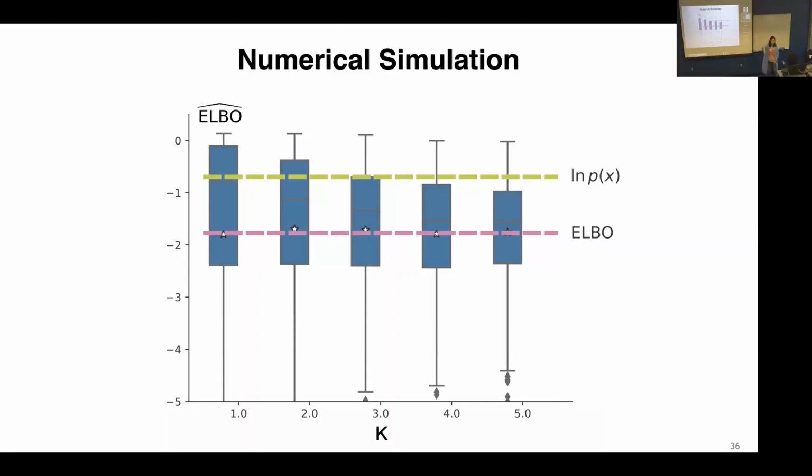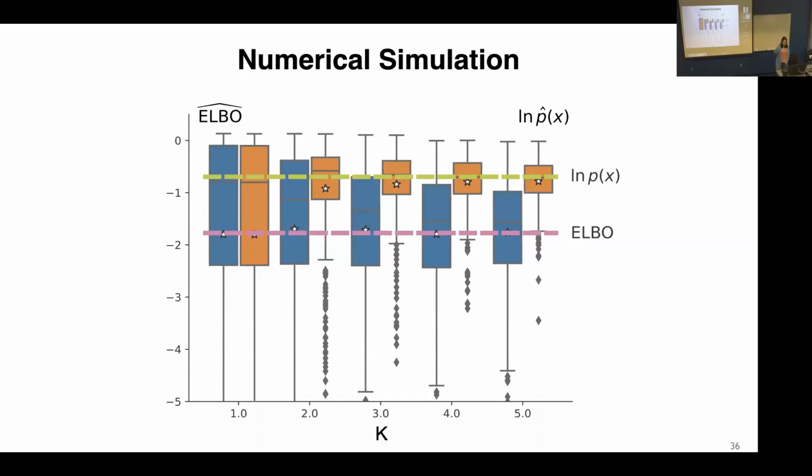But if you do the same thing for log p hat, which is the empirical estimator for importance sampling, you have large variance at the beginning, and when K is equal to 1, they're the same empirical estimator as mentioned, but they start to converge to log p. So as you have more samples, your log p hat will be an asymptotic estimator of the original log marginal, rather than the ELBO.